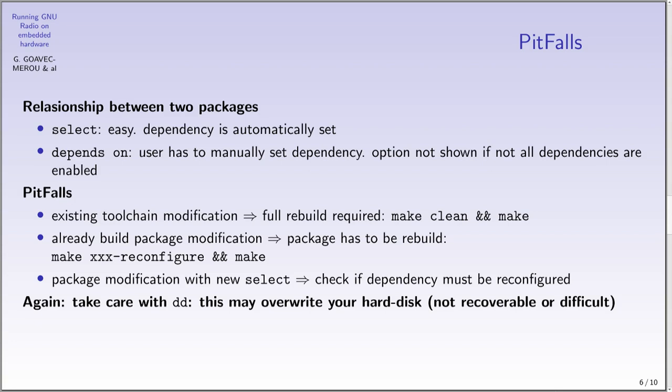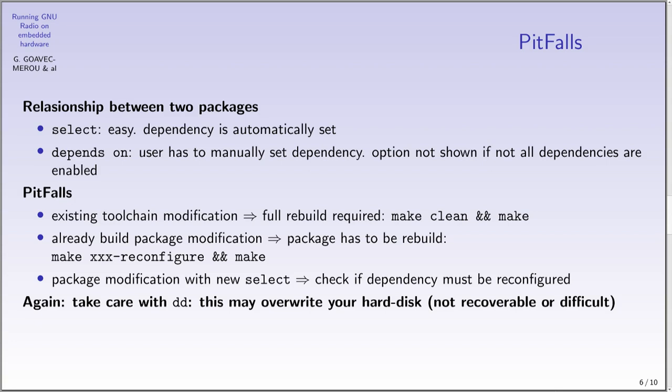The second thing is the toolchain modification. In all cases, it's required to use make clean to suppress everything and to do make again. A toolchain modification is, for example, when you change the C library or you enable the C++ compiler or something like this.